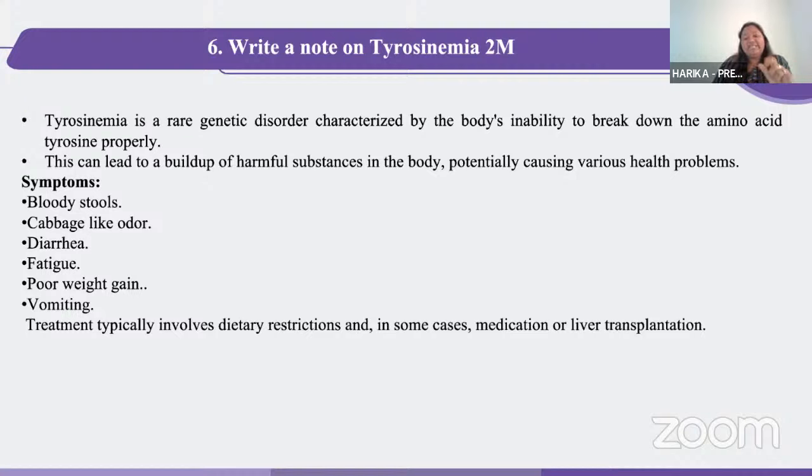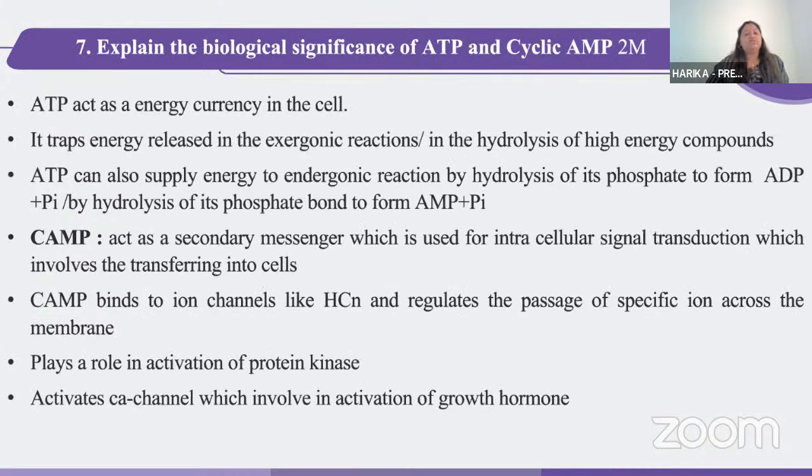When a person has these symptoms, you can identify him as a tyrosinemia patient. The treatment usually used for tyrosinemia is either improving your diet or, in a severe case, liver transplantation. Okay, next question.